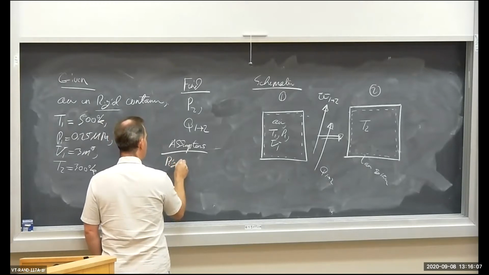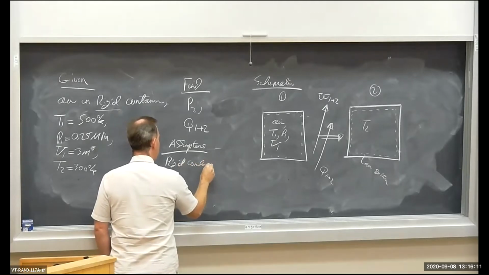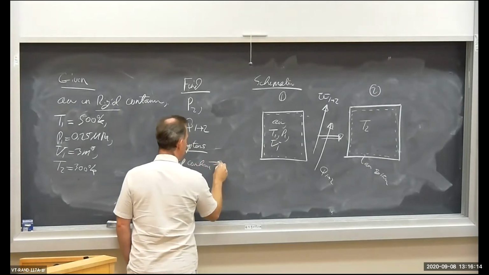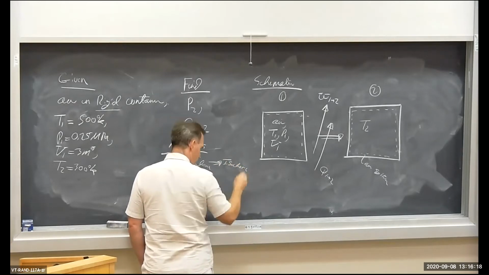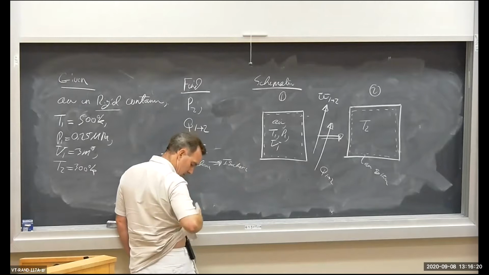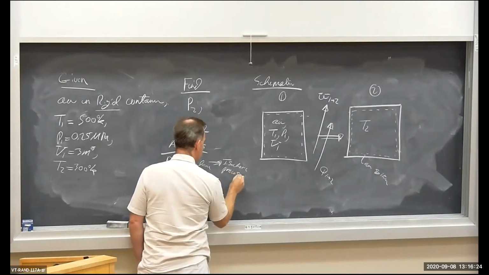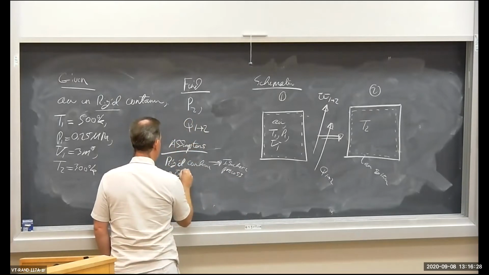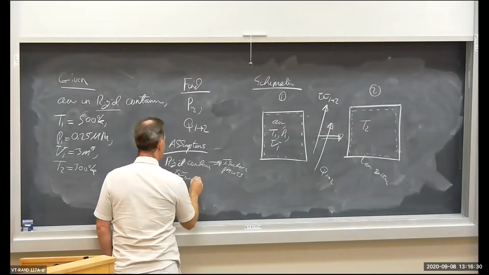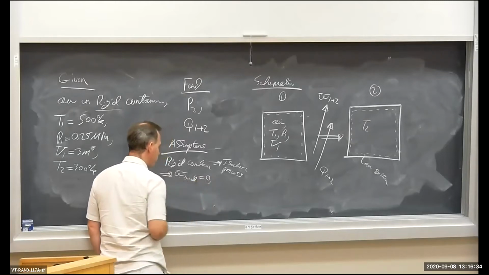So this implies an isochoric process, constant volume, and that implies W boundary equals 0.